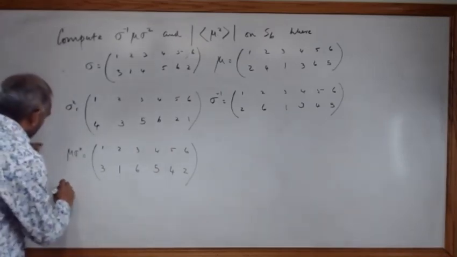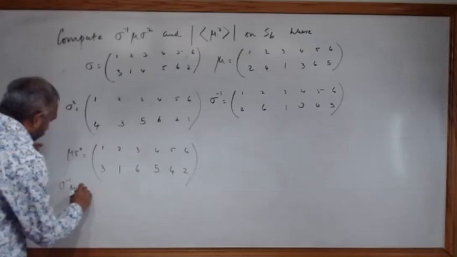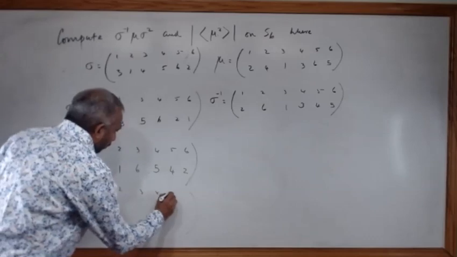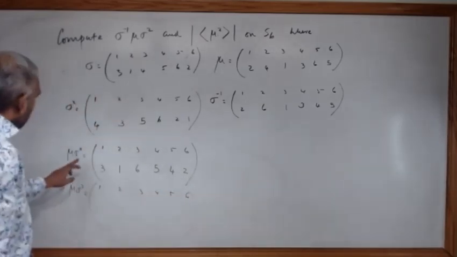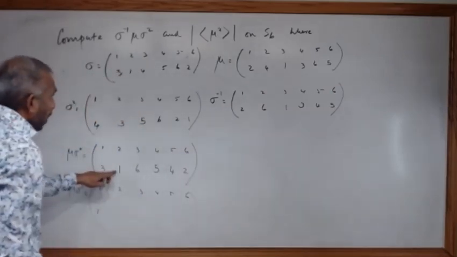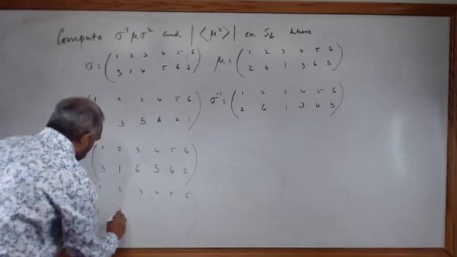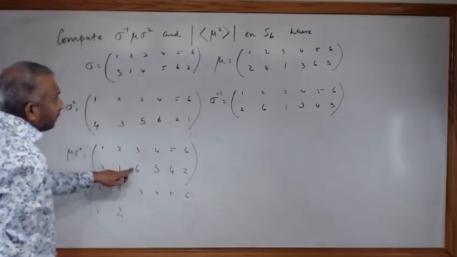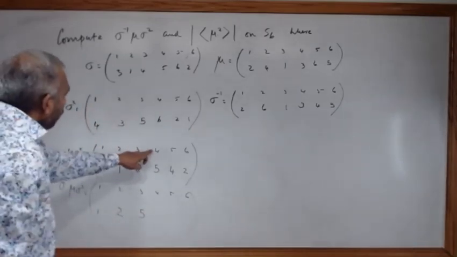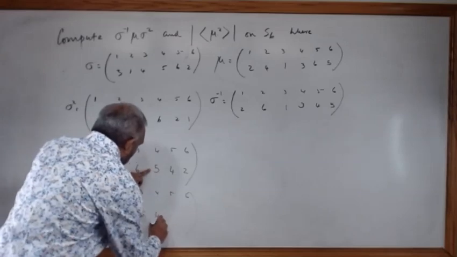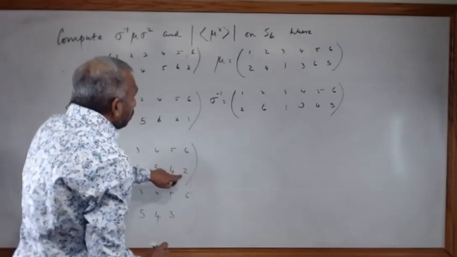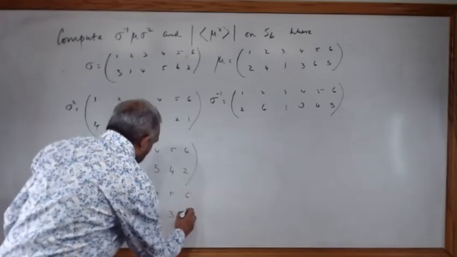So sigma inverse of mu sigma square is going to be 1, 2, 3, 4, 5, 6. 1 goes to 3 and 3 goes to 1. 2 goes to 1 and 1 goes to 2. 3 goes to 6 and 6 goes to 5. 4 goes to 5 and 5 goes to 4. 6 goes to 2, 2 goes to 6.